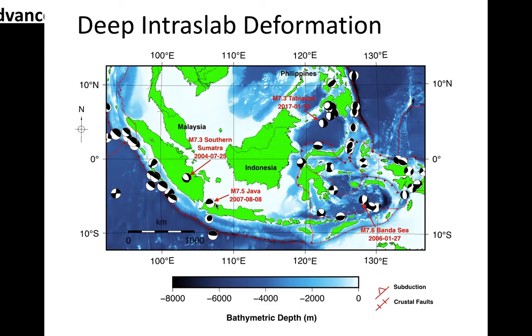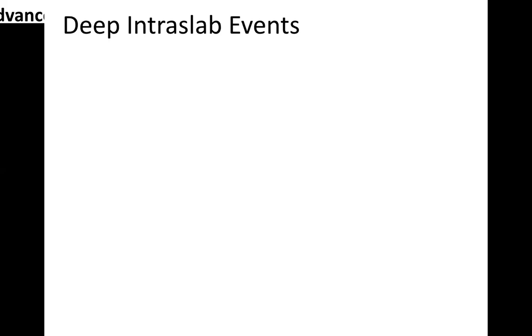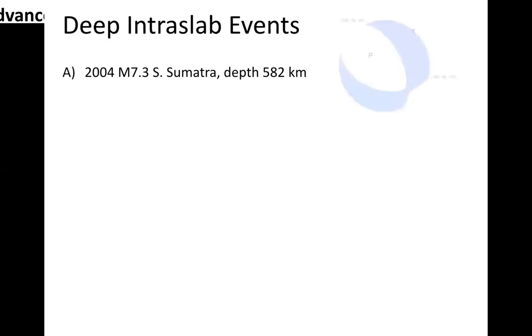Here are a couple of prominent examples of large deep earthquakes. Despite their differences, they still have the capacity to reach great magnitudes. They also vary greatly in their focal mechanisms, such as the 2004 magnitude 7.3 that occurred beneath southern Sumatra at 582 kilometers depth due to oblique normal faulting.